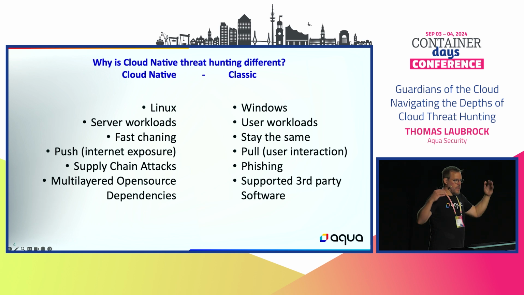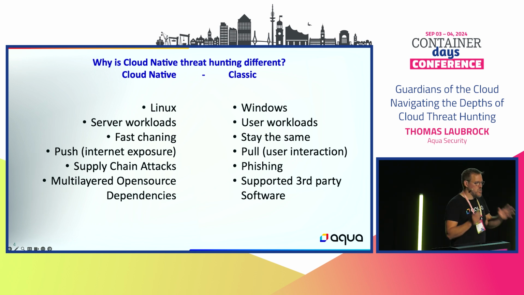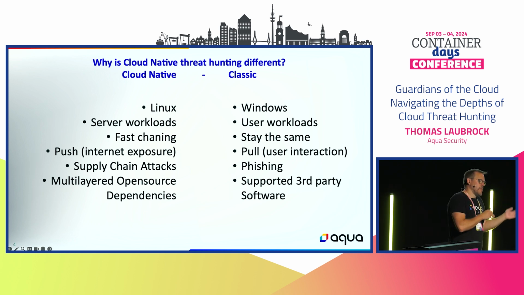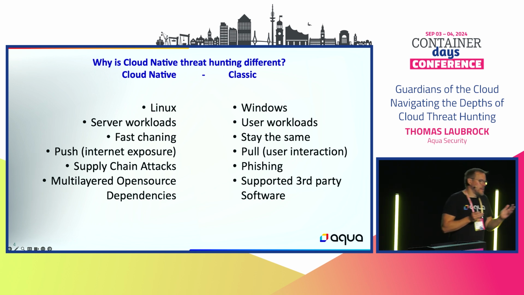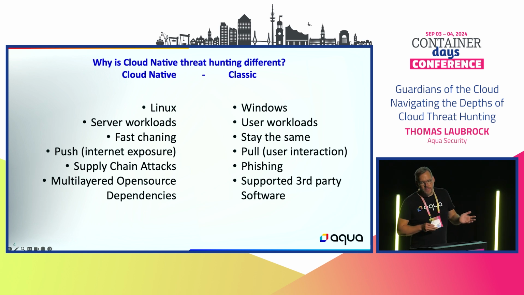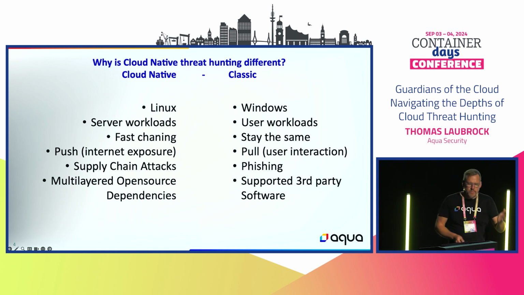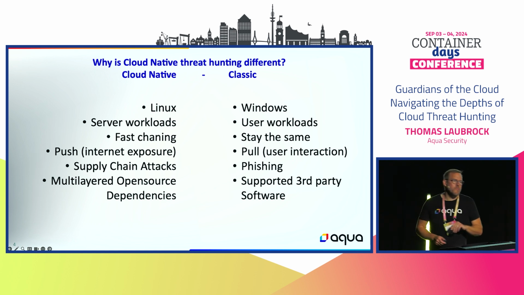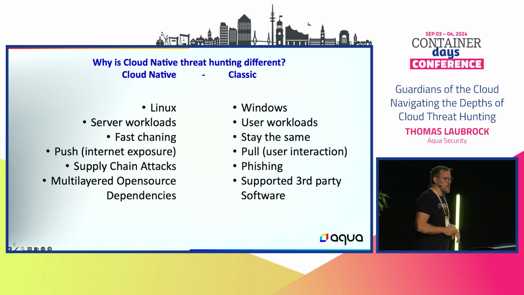So we have kind of side attack channels. I already mentioned on the classic side the phishing, right? And kind of equivalent in the cloud native side is supply chain attacks. Maybe many of you remember the XZ vulnerability that was covered a few months ago.